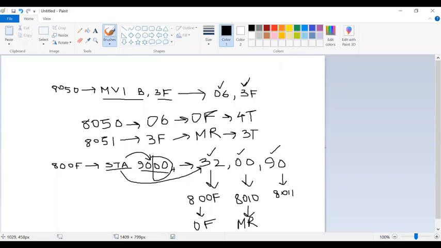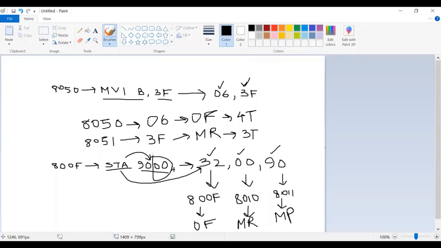Then what will be the next machine cycle? It is memory read, again memory read. Because the 16-bit memory address is divided into two 8-bit parts, the first is your first memory read, and now for identification of the upper 8 bits you need another memory read machine cycle.